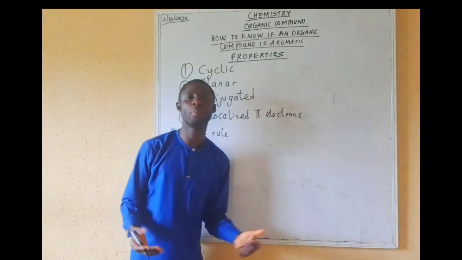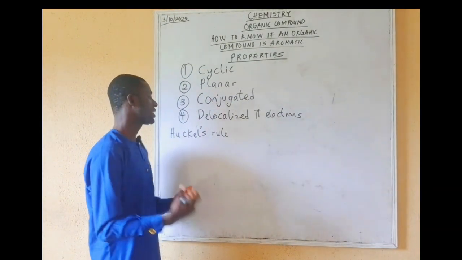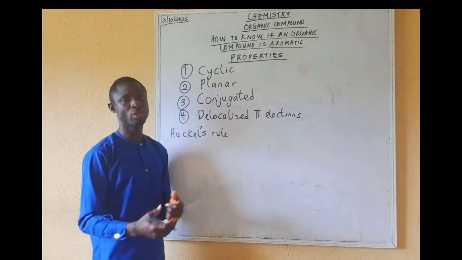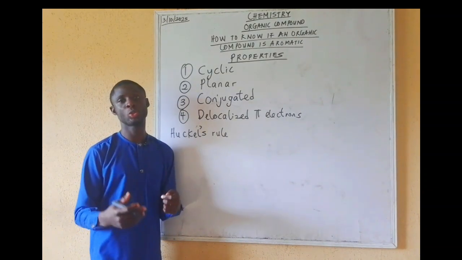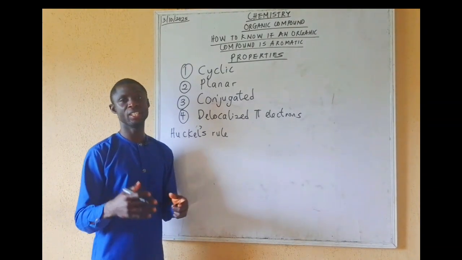What does it state? It states that if a compound is cyclic, planar, and conjugated, and it has 4n plus 2 pi-electrons, it means that compound is aromatic.